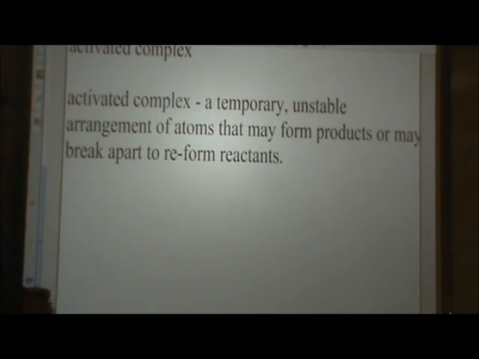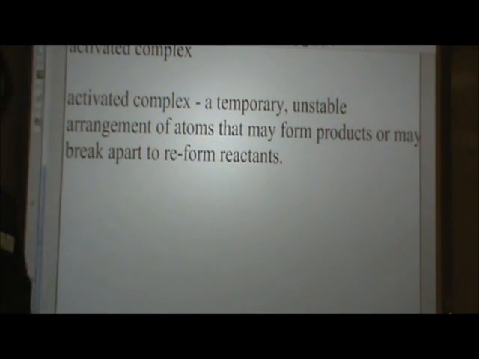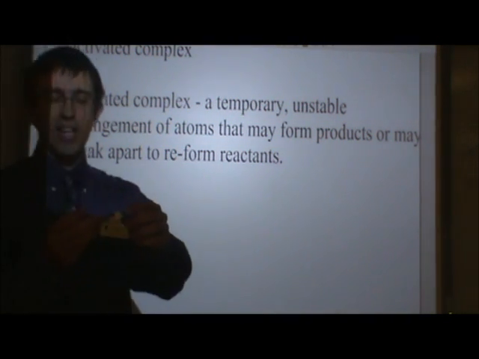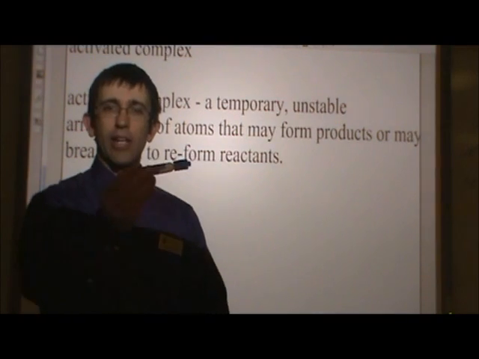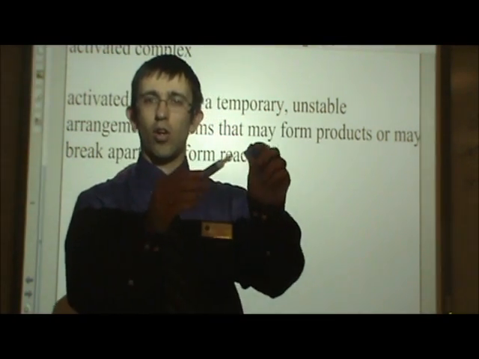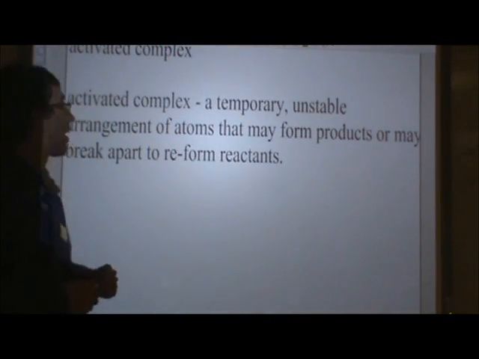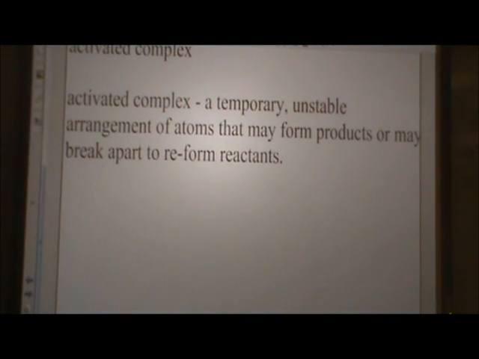It may make the products, or it actually can break back apart and reform the reactants. So, activated complex is like here. It might go forward and stay a product, stays a marker, or it could all break apart and form your reactants back. So that is what an activated complex is.